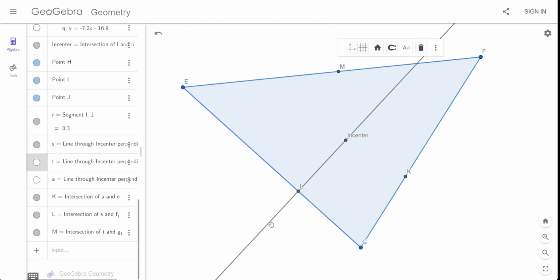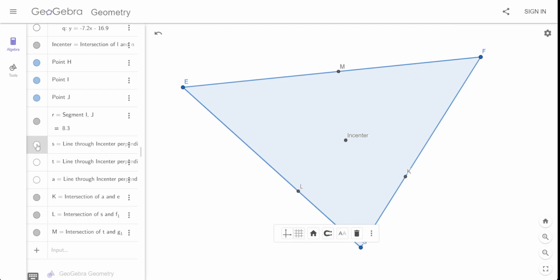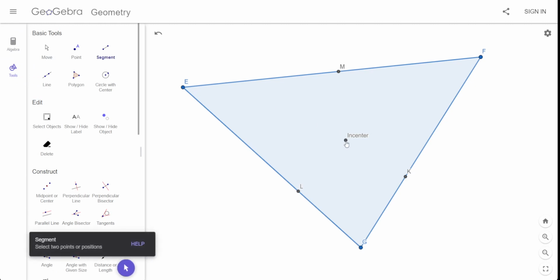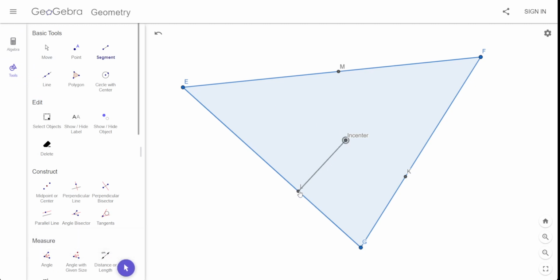I'm getting a lot better at this than I was before. There we go. Actually, let's keep those there because those are important. Now I'm going to draw a little segment from the incenter to where it's perpendicular. You see that? Would you agree that that's perpendicular now? Because I had that perpendicular line before, I put the point where it intersects, got rid of the big line, and just made a little tiny line segment.